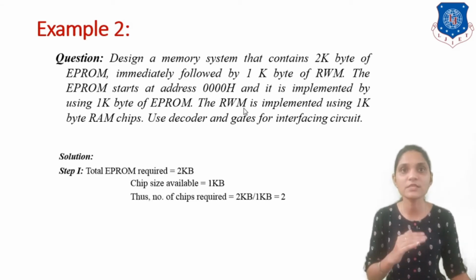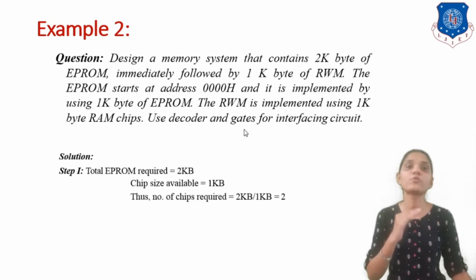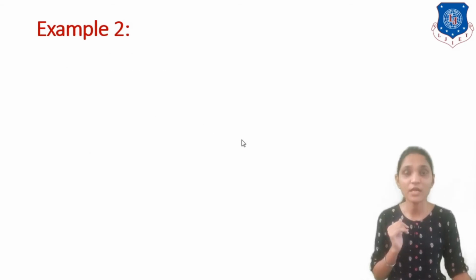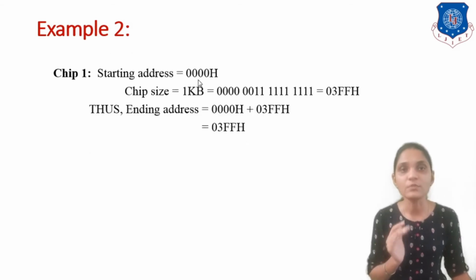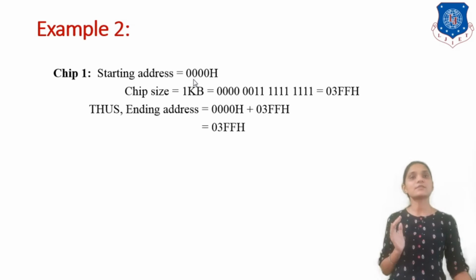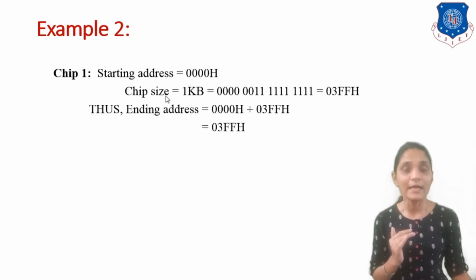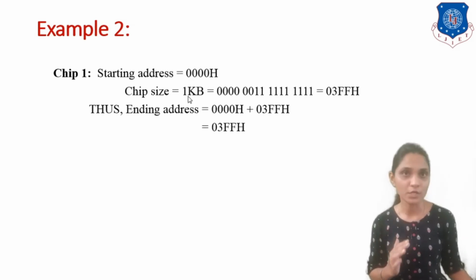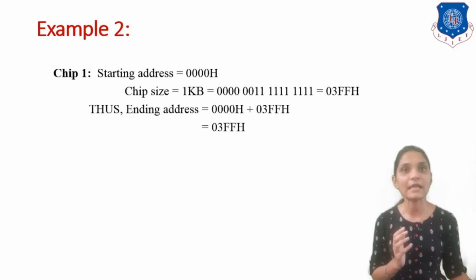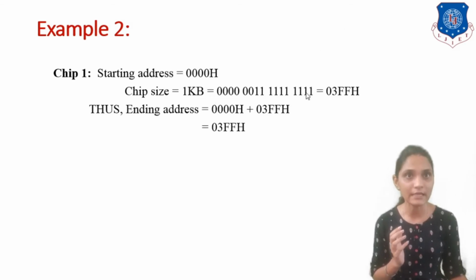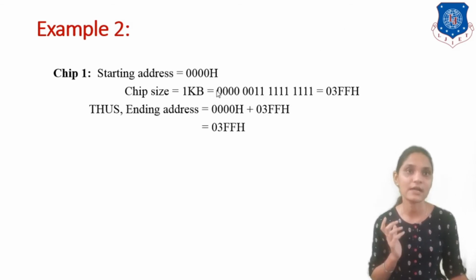After that you have to decide which address you will use for the second EEPROM chip. For the first chip we consider the starting address as 00000, and the size of this chip is 1 kilobyte. That means it has 10 address lines, and all remaining 6 lines are 0.